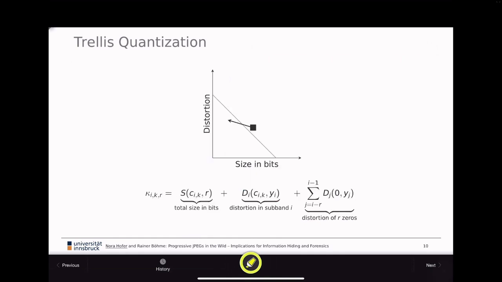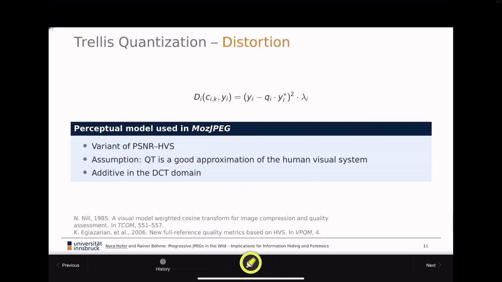This is why we also look at the distortion. The distortion is based on the square error between the unquantized coefficient value and the dequantized coefficient value, and it is multiplied with a subband-specific lambda. This lambda comes from the perceptual model that MOZJPEG uses. The perceptual model is a variant of the PSNR-HVS, and HVS in this case stands for the Human Visual System.